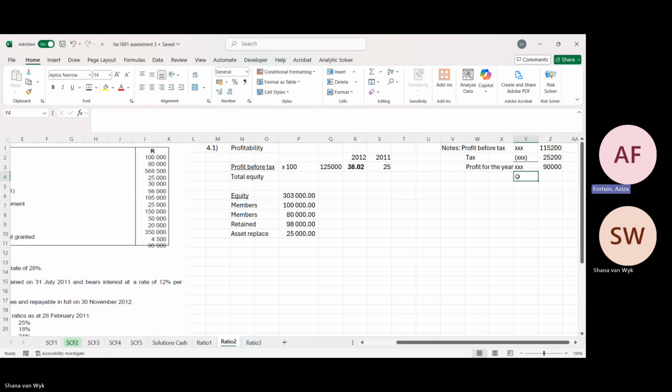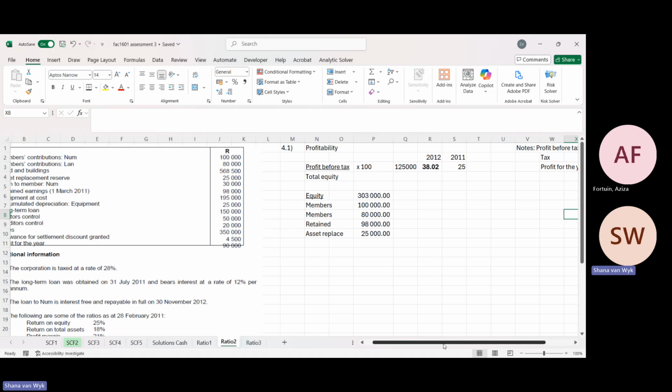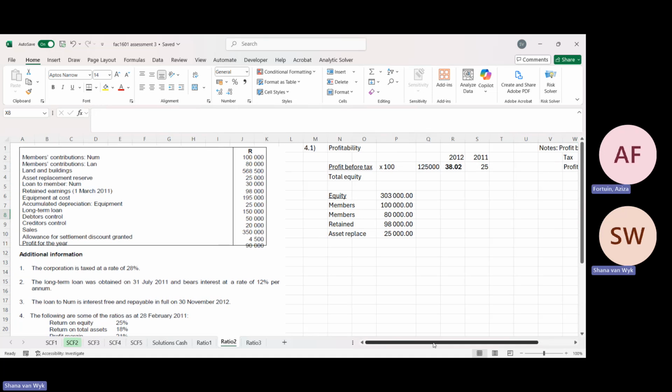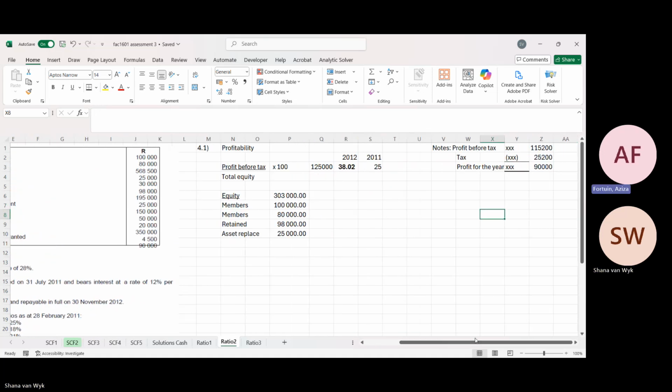No, wait, I'm getting mixed up now. To be honest, I haven't practiced this yet. It's not difficult. If the profit for the year is 90,000 and that one is 28%, right? Yes. Let me do it on my manual calculator here.